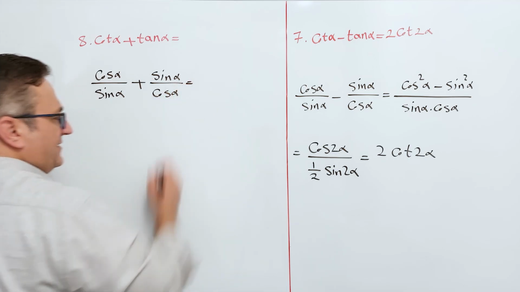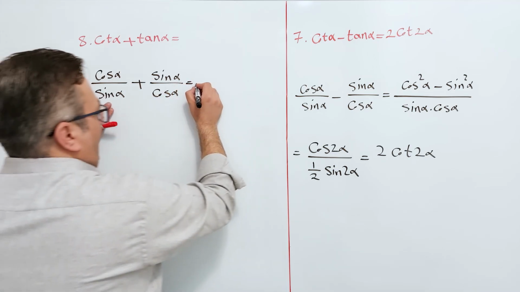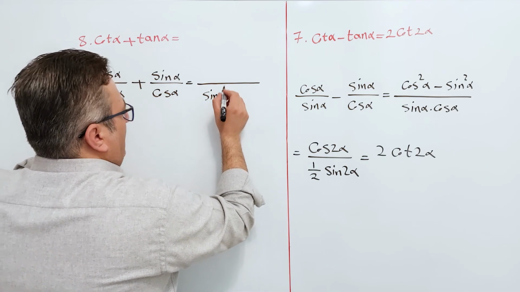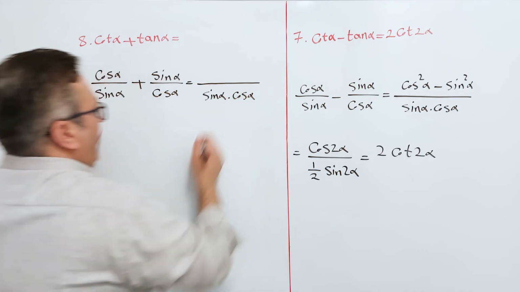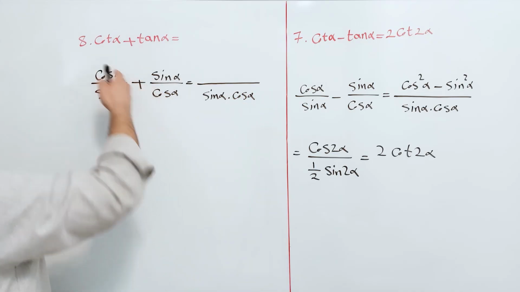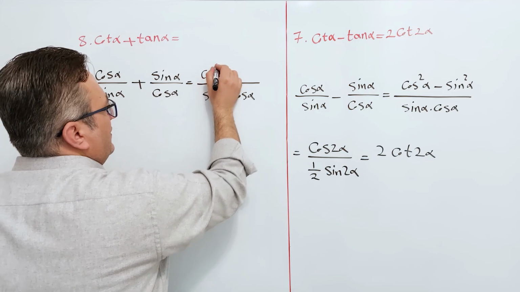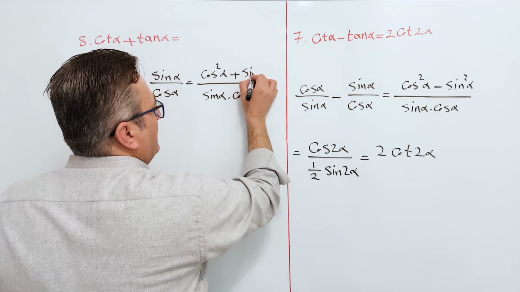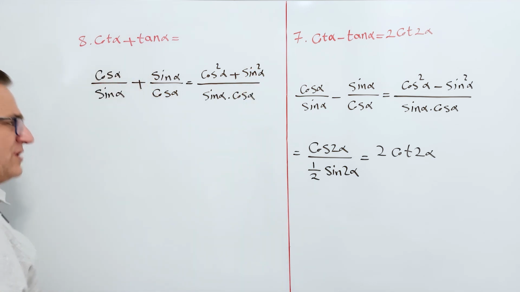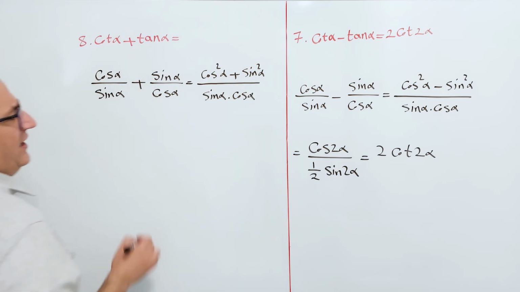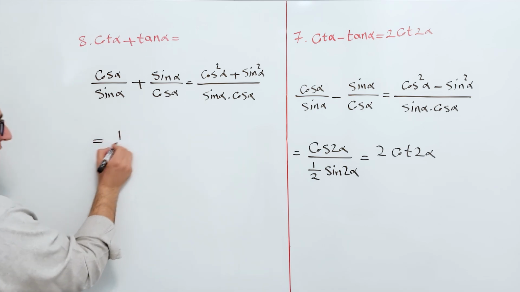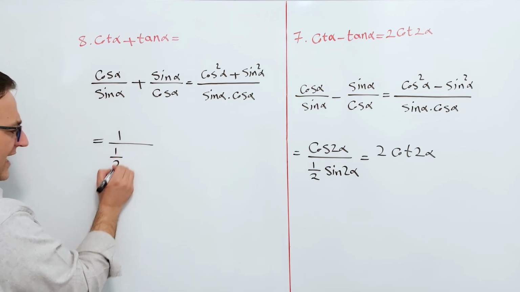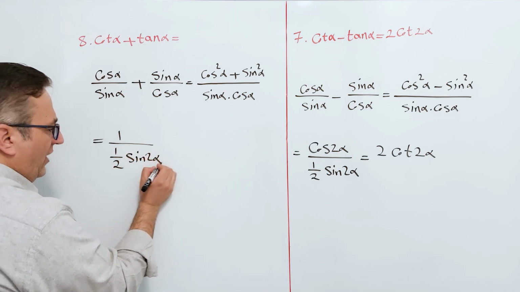And if we factor out the common denominator, we have sine alpha times cosine alpha, and in the numerator we have cosine squared alpha plus sine squared alpha, which is equal to 1, divided by sine alpha times cosine alpha, which is 1/2 sine 2 alpha.